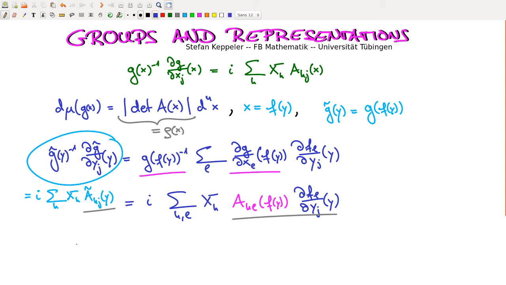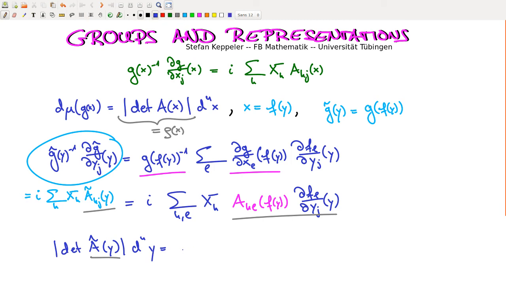So if we now calculate our Haar measure in terms of the y's, what would we do? We would write the determinant of a tilde of y, absolute value, dny. But that's just the gray thing here.